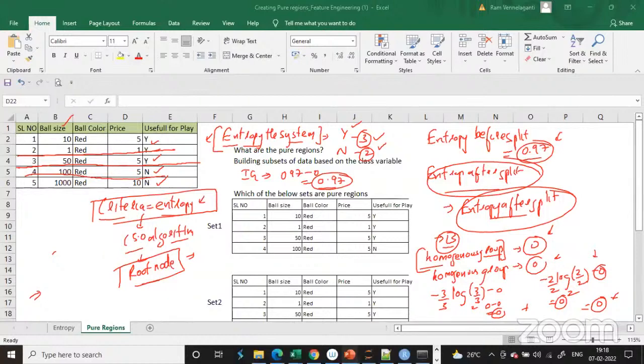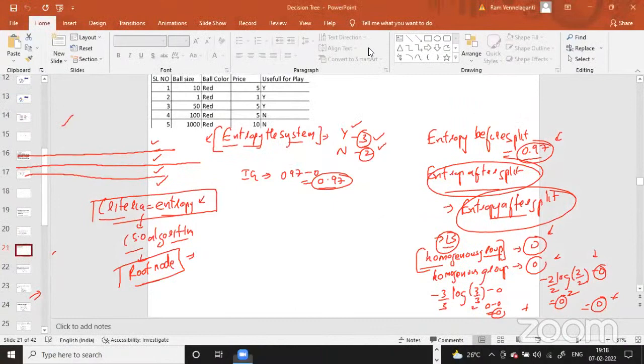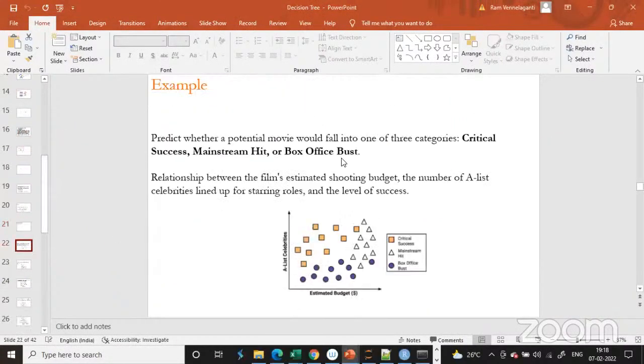Now, let us proceed. We have another example here. Predict whether a potential movie would fall into three categories: critical success, mainstream hit, and box office bust.